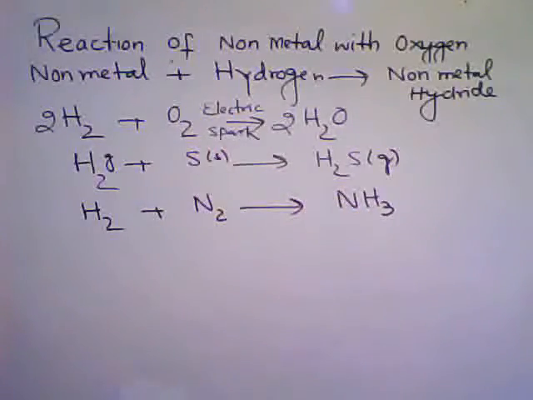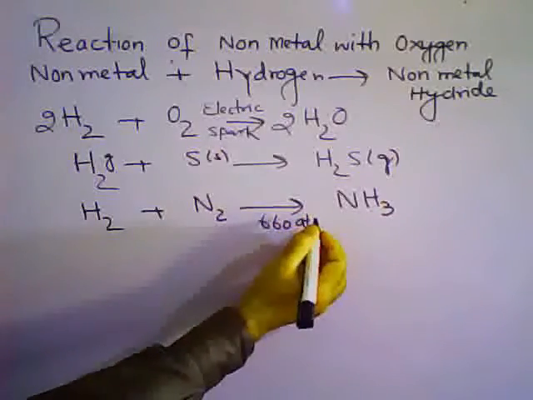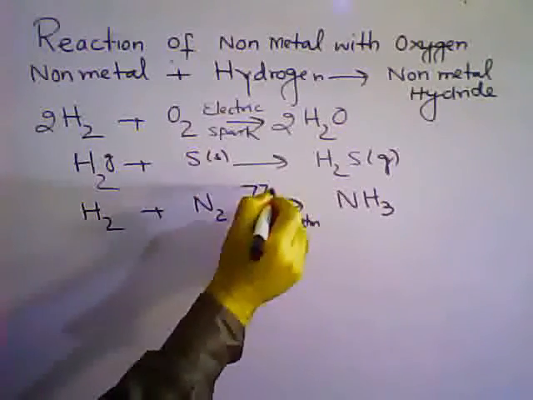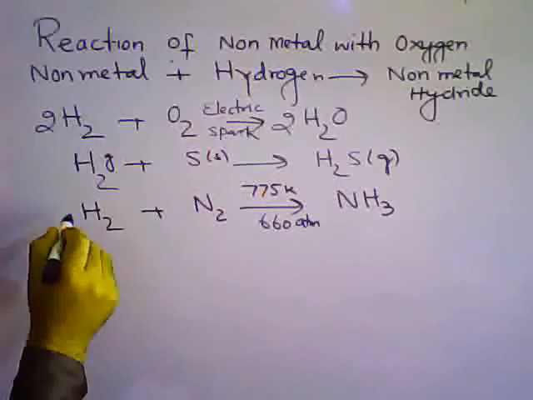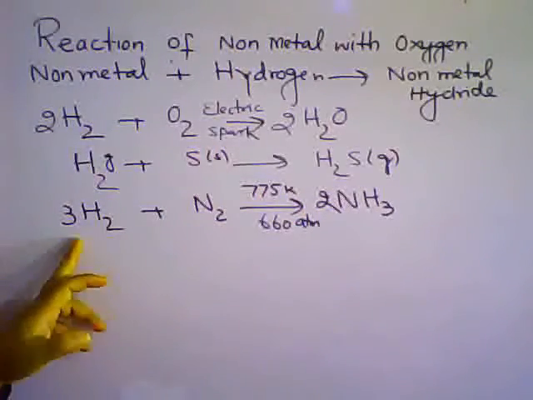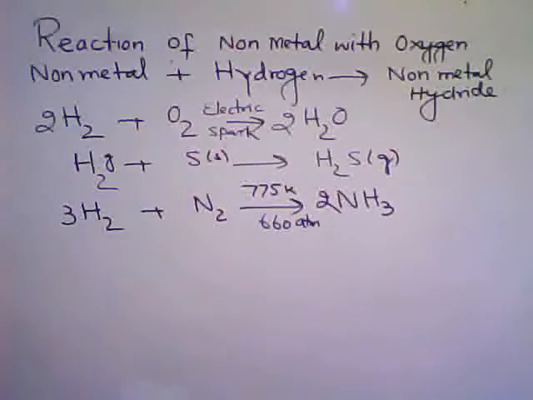Ammonia is formed when we increase the pressure to 660 atmospheres, with a temperature of 775 Kelvin. We have to balance this reaction: 3 molecules of hydrogen react with a molecule of nitrogen to form 2 molecules of ammonia.